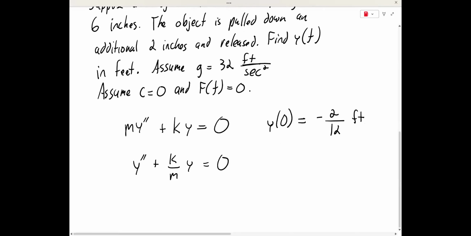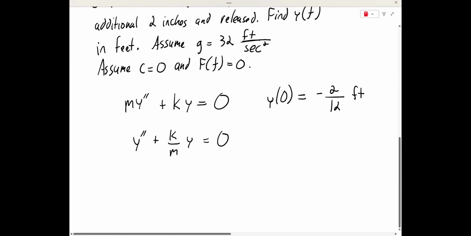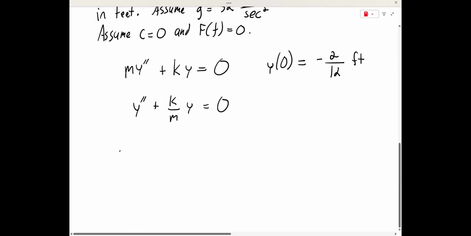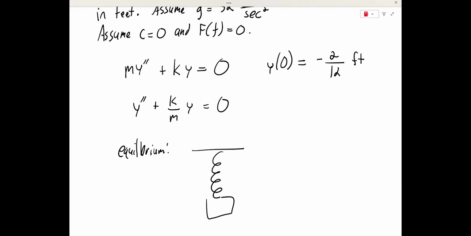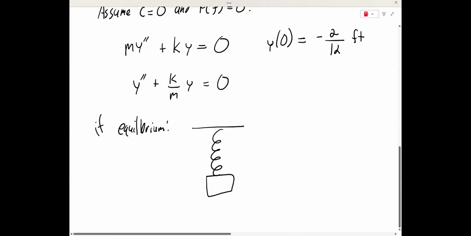So now we still don't know the k or the m, so it still looks like a dead end, right? But here's the thing. By Hooke's law, think about the equilibrium here. If this is equilibrium, what would be happening? From physics, there'd be a force down, that'd be the mg, the mass times the acceleration of gravity acting down.